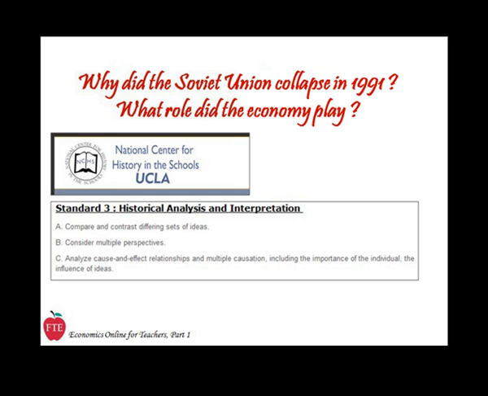So, pursuing these two questions, why 1991 and what role did the economy play, we've adopted the historian's search for multiple causes. We're struck with the importance of people's buy-in to the Soviet system, and we're led to propose that the Soviet Union fell only when the people finally gave up their belief that communism would provide them better lives.